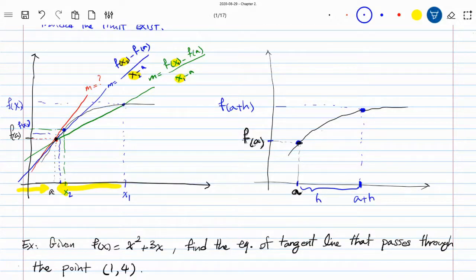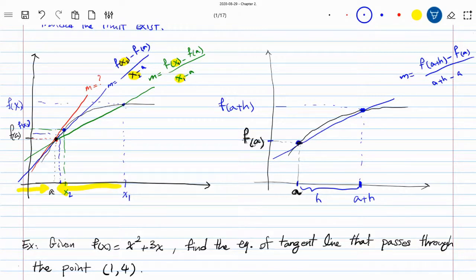So if I define the slope now for this new line that I've created, the slope would be the difference in the y values, f of a plus h minus f of a, divided by the difference in the x's, a plus h minus a.